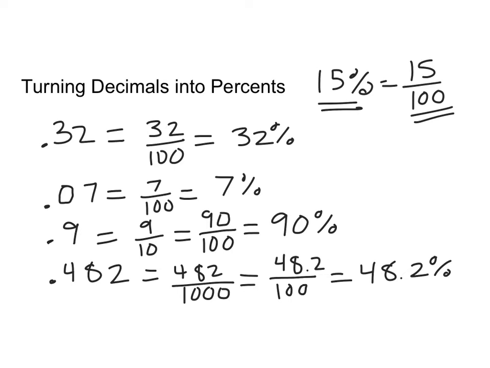Okay, now we want to look back at these examples we've just done, and we want to see if there's a way that we can jump from the decimal straight to the percent, some sort of a pattern that we can notice here that would allow us to go straight there. Pause and see if you can figure it out. So hopefully you noticed that the number values are always the same. It's just that they seem to have changed where the decimal place is.